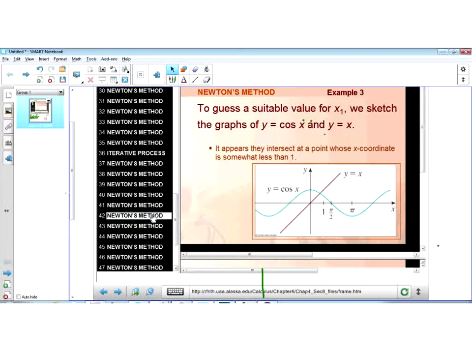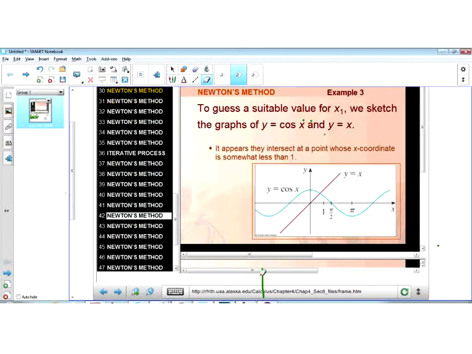And so the question is, what's a suitable starting point for x sub 1? You can do that by simply graphing. Now remember, a graph will only give you an approximate solution, not a solution to within 6 digits. Obviously, you cannot read a number correct to 6 decimal places on a graph, unless you really zoom in.